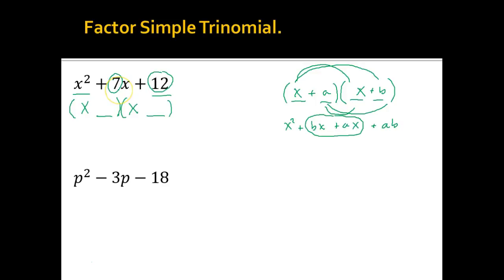So that gives us a clue as to how to think about the problem. Could we think of some numbers that multiply together to get 12 and add together to get 7? What would those numbers be? The method that I want you to use is to be very systematic about it. You take the last term, 12, and you ask yourself very systematically what multiplies together to get 12.